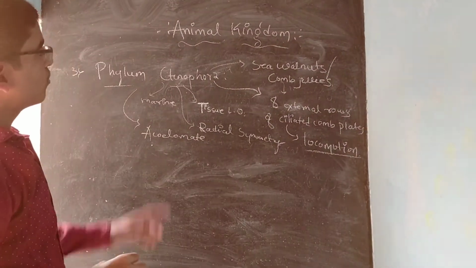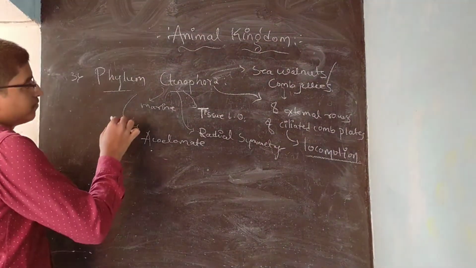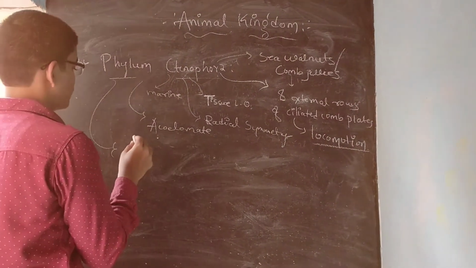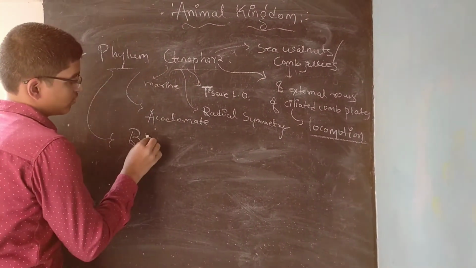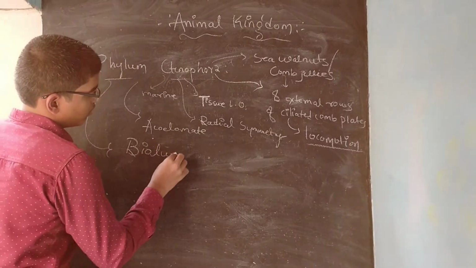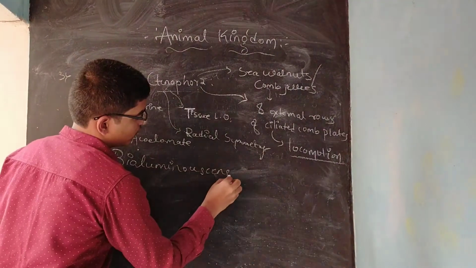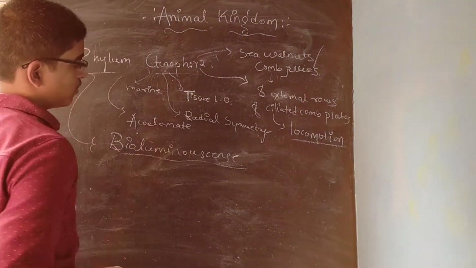So Ctenophora members exhibit a unique property, that is bioluminescence. So what is this bioluminescence?